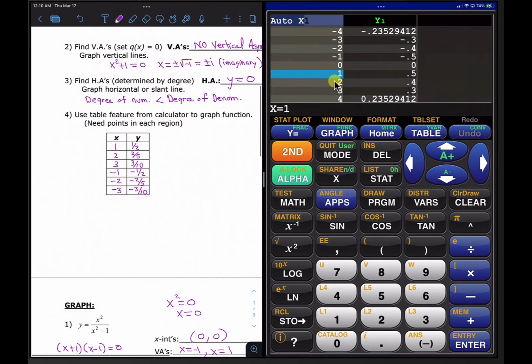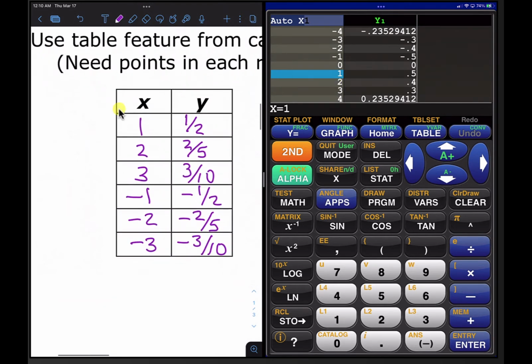The reason why I chose these values in my table, positive 1, 2, 3, and negative 1, 2, 3, is because I wanted numbers that are close to 0. I wanted some numbers on the right side of 0, which is positive 1, 2, 3, and some numbers to the left of 0, which is negative 1, 2, 3.